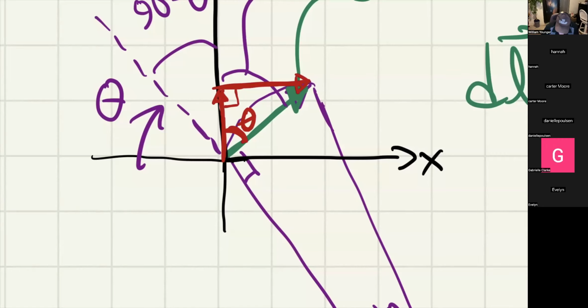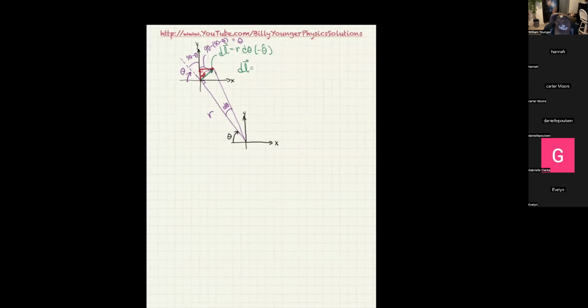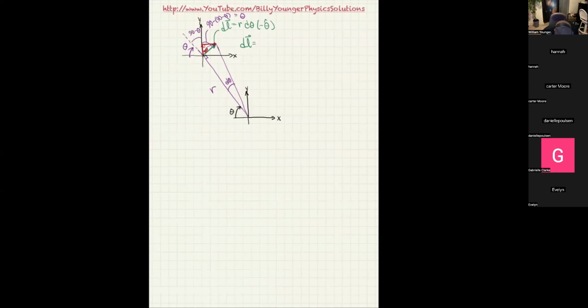Okay. So now that you have that diagram in your mind, you can say that the x component is in fact pointing in the positive direction, and it'll be equal to the magnitude times the sine of theta. So this one's going to be r d theta sine theta i hat.